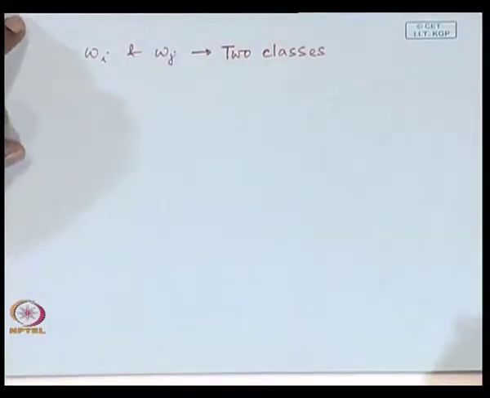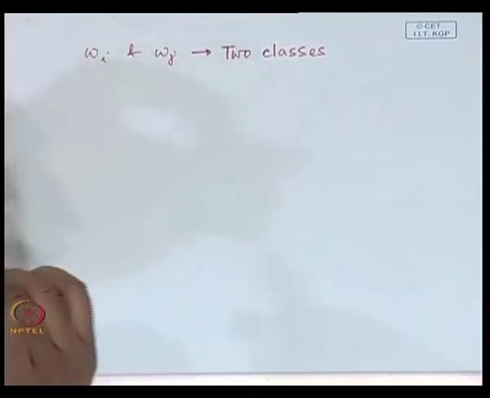So, what will be the nature of the decision boundary between these two classes, the ith class and the jth class? If I want to find out the decision boundary, on the decision boundary, for a feature vector lying on it, g_i(x) will be equal to g_j(x), because that is the situation which differentiates between two different classes.